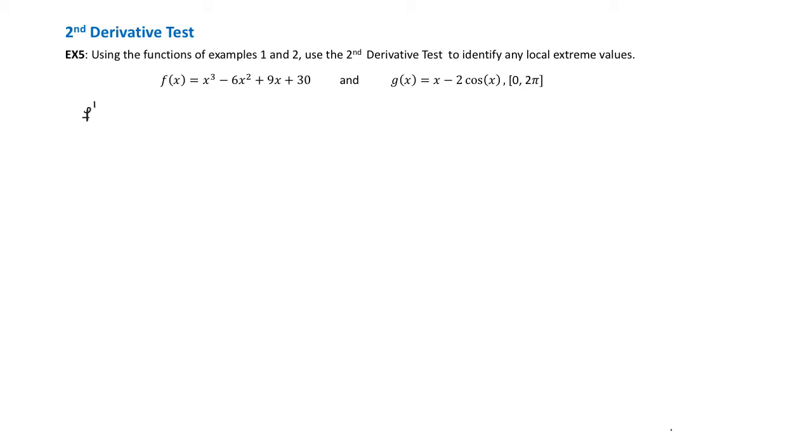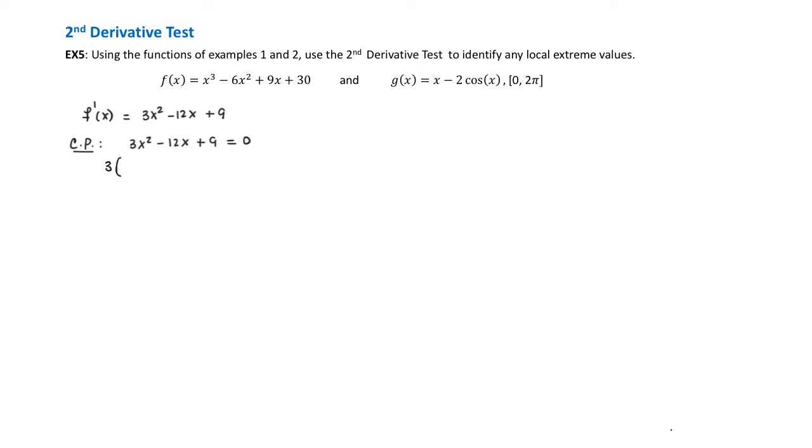So first derivative, f prime of x, that's going to be equal to 3x squared minus 12x plus 9. Now we're going to go ahead and find the critical points. The critical points are found by taking the first derivative, the quadratic that we just got, and setting it equal to 0, and then trying to solve this quadratic.